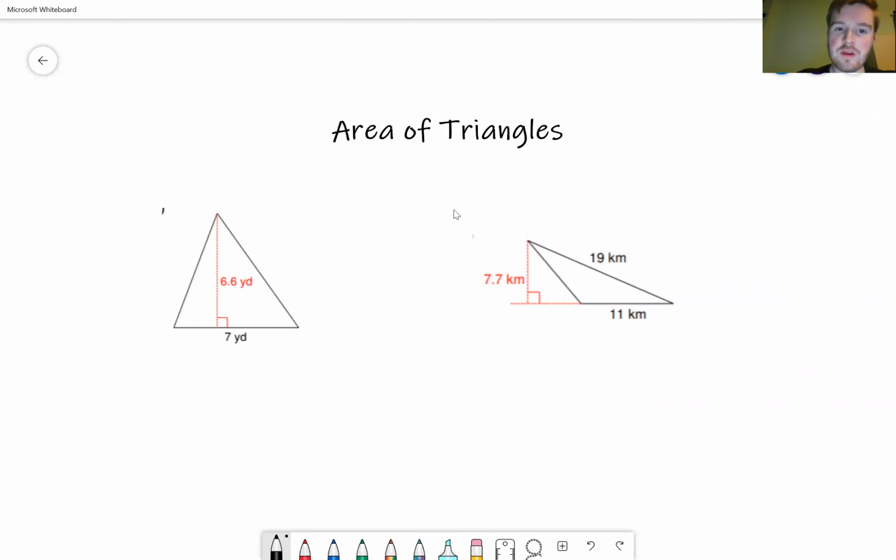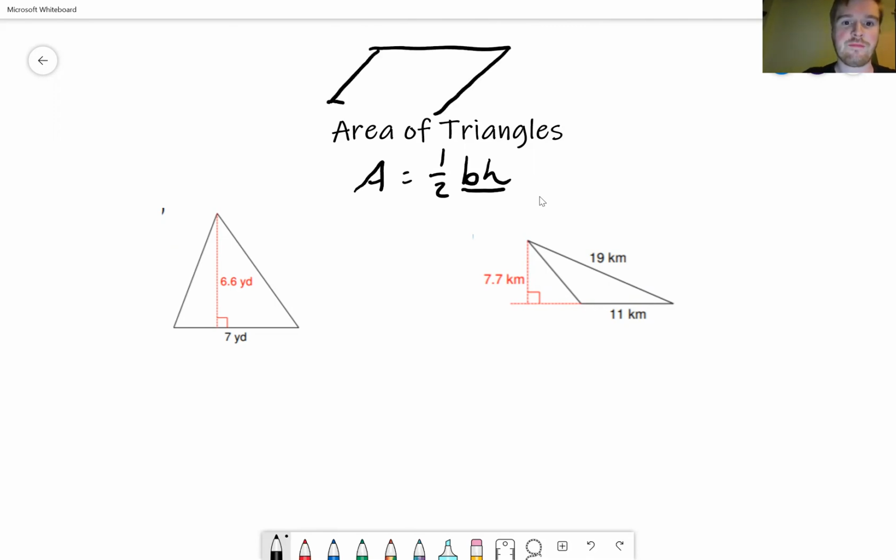The formula is similar, but it's a little different in the fact that we use 1/2 base times height. So you'll notice there that BH is in there for base times height from a parallelogram. That's because, think about a parallelogram, I cut it in half.